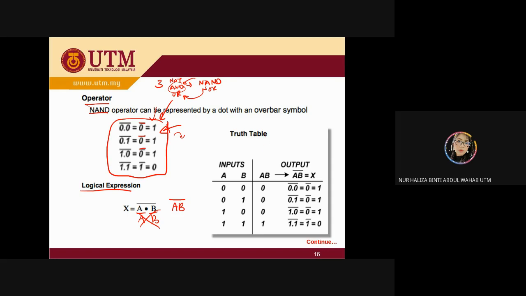This is the truth table for you. You can see this is the AND gate, and you toggle, you inverse it using the AND gate then the NOT gate, you get (AB) bar, or the AND gate NAND gate. You will get the inverse value.